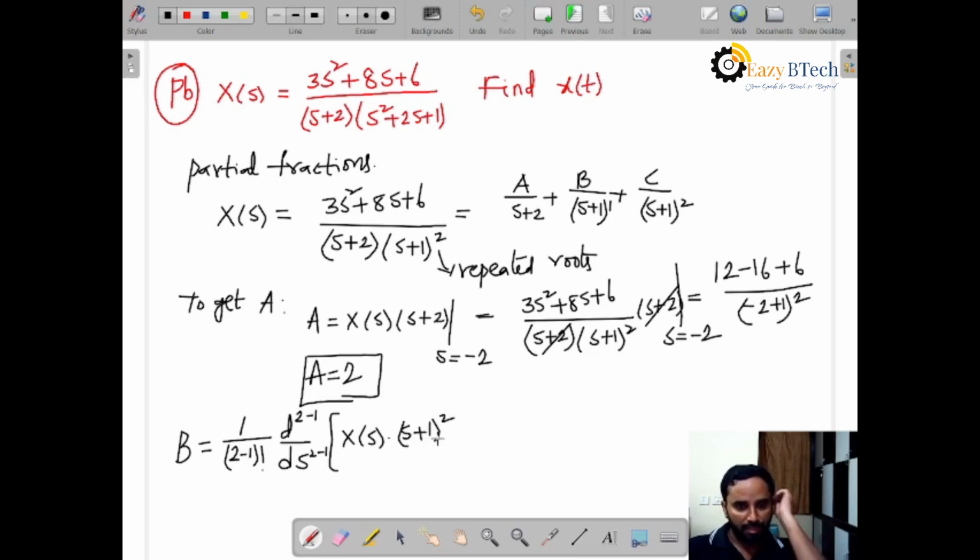Actually we have (s plus 1) power 2. After that keep s equal to minus 1.